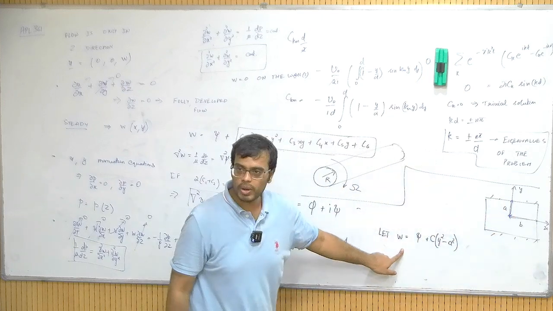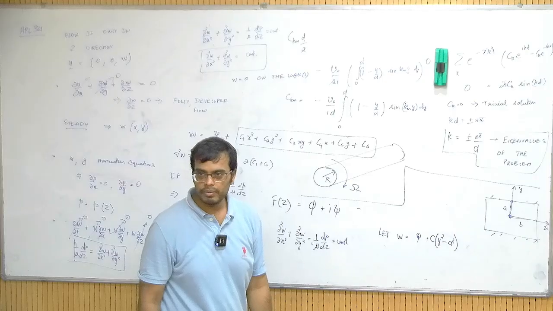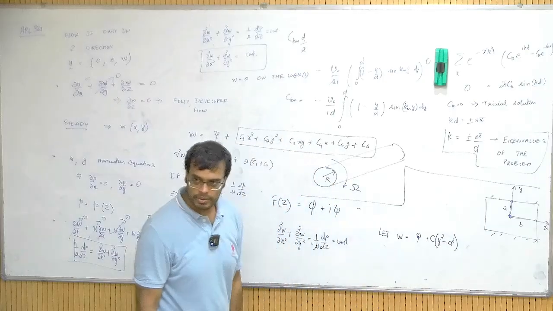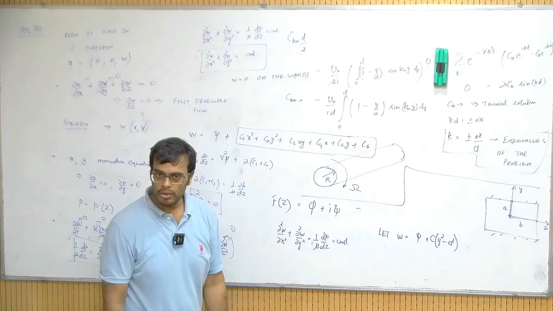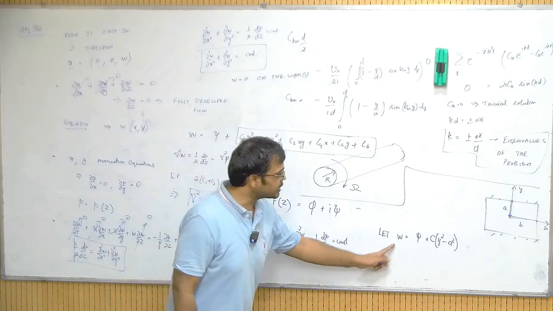W equals 0 on y equals plus minus a, so psi is also 0 at plus minus a, because this term is 0 at plus minus a. This involves a lot of hit and trial, you may think, but it's eventually to make our algebra further down easier.